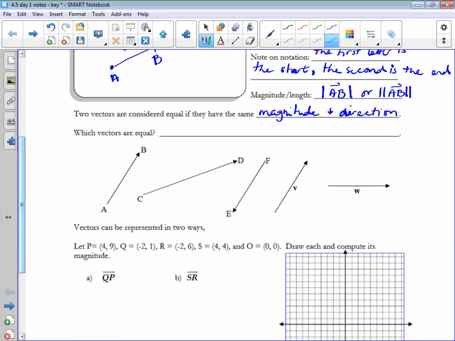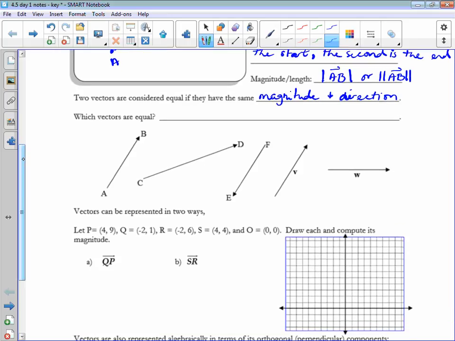Alright, so let's pick down here which ones are equivalent. Which vectors look like they are the same? I think somebody said it. What do you think? A, B, and V? Yes.